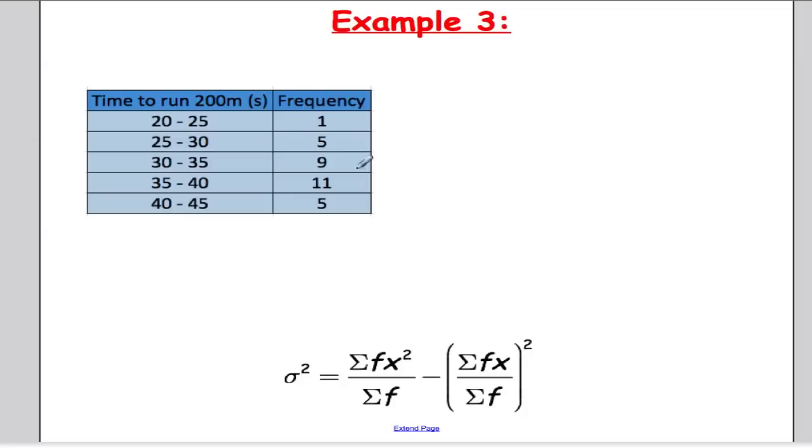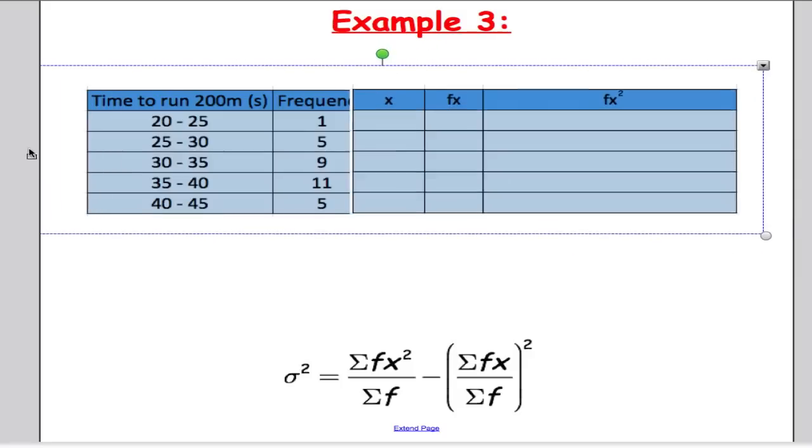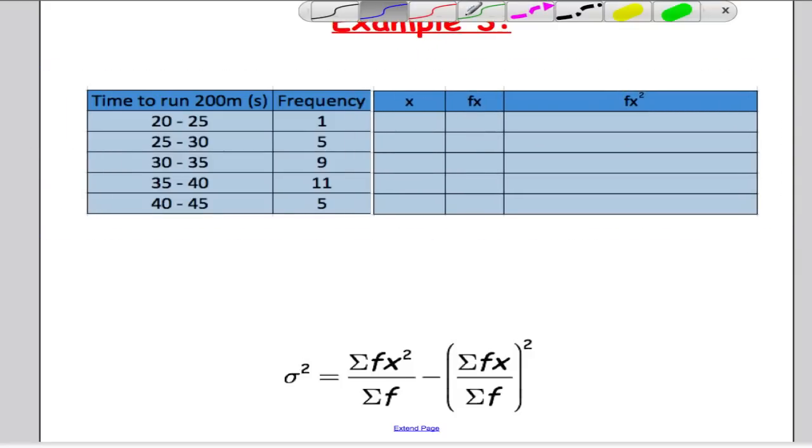Okay, so we've got again another grouped frequency distribution, and we need to work out the variance and we're going to work out the standard deviation. So first and foremost, I'm going to actually add a little column in. Now x, remember, is our midpoint.